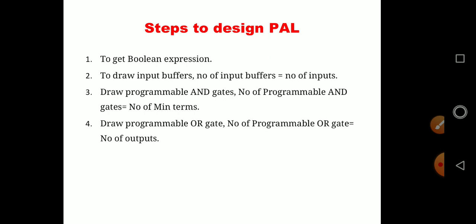The number of input buffers is equal to the number of inputs. Then draw programmable AND gates. The number of programmable AND gates is equal to the number of min terms in the equation, that is, the number of SOPs, sum of products. And then draw programmable OR gates. The number of programmable OR gates is equal to the number of outputs.